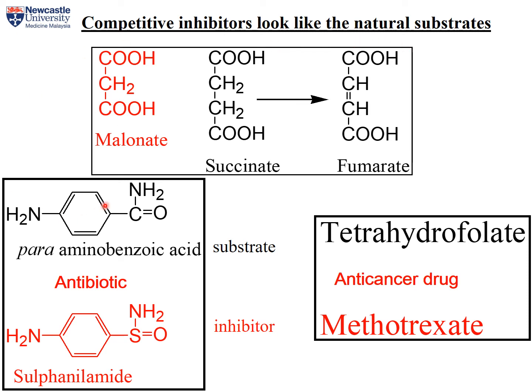In the first example, malonate looks pretty much like succinate, which is a substrate in the Krebs cycle, while the antibiotics from this family, sulfanilamide, all look pretty much like the substrate para-aminobenzoic acid. Bacteria will convert this substrate, para-aminobenzoic acid, into folic acid, which is required for the growth and development of bacteria.